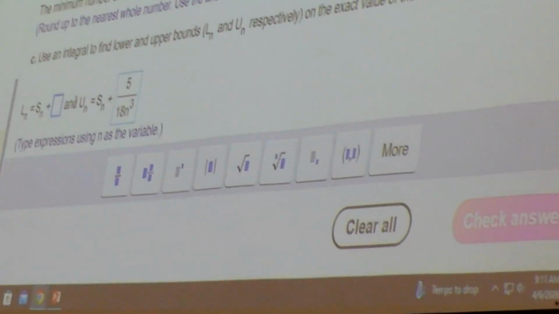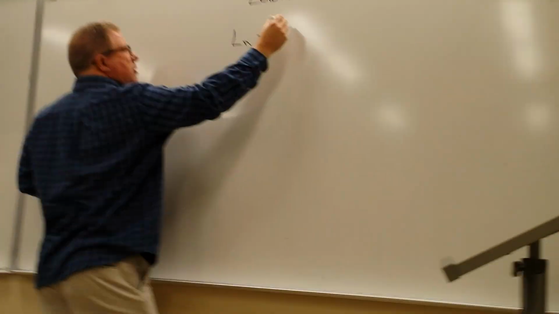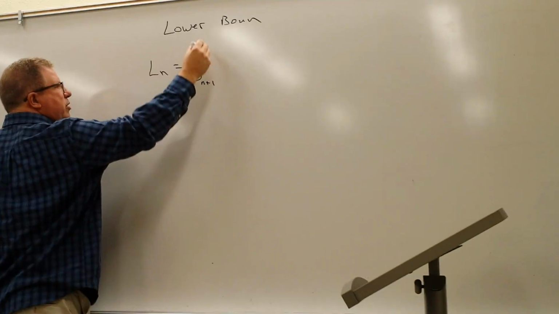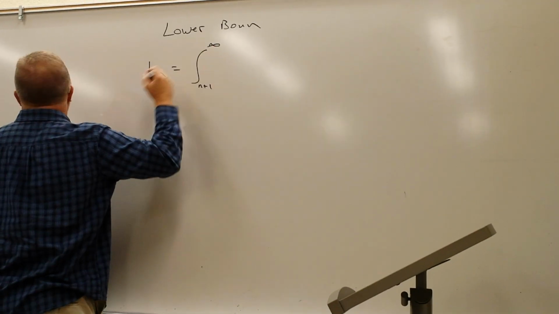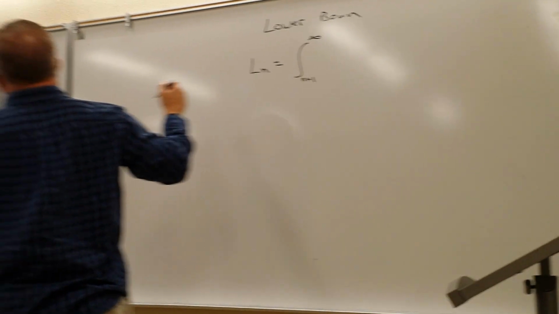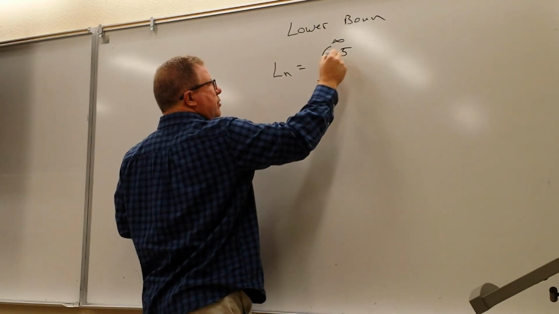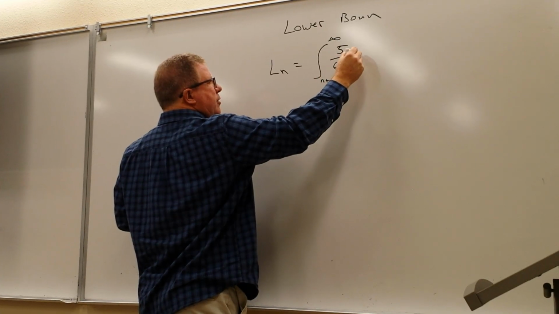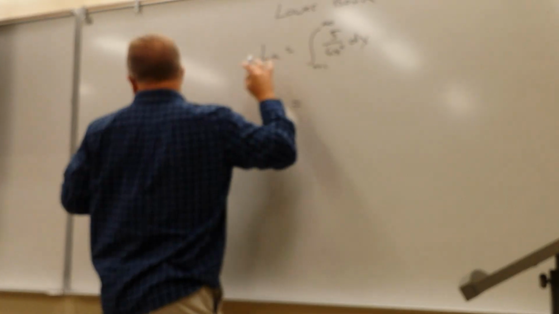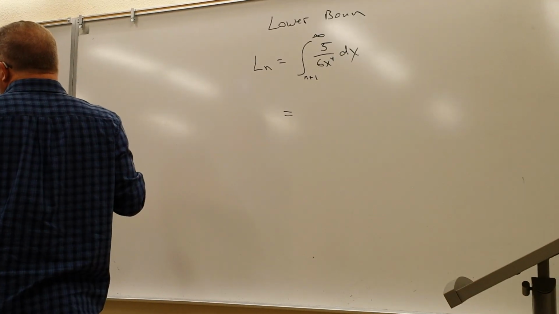So, let me write up here. Lower bound, L sub n would be the integral from n plus 1 to infinity of 5 over 6x to the 4th. And I'm going to skip all that work.